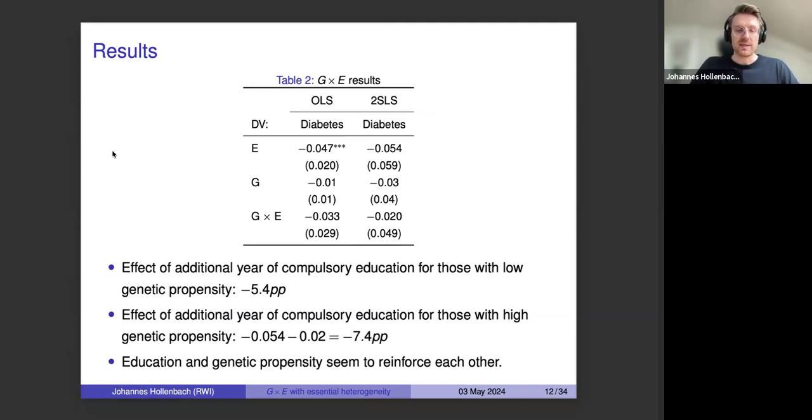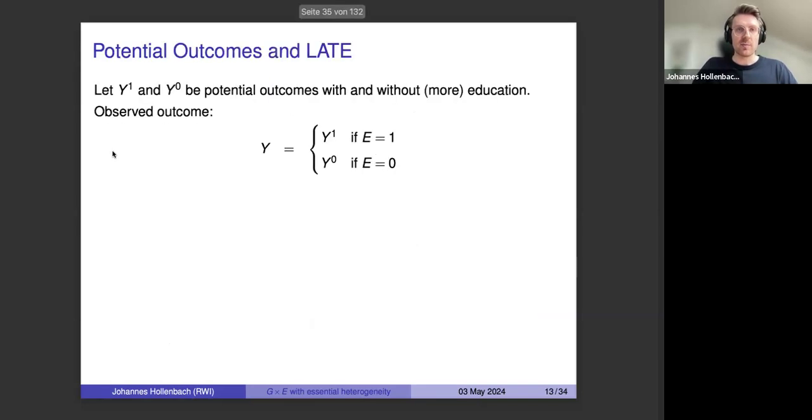We're interpreting the sign of the effect, the size of the effect, but we're not able to estimate the effects very precisely. This is not the main problem, however. And in order to show you what the problem with these results actually is, we need to take a step back and look at the potential outcome model that underlies microeconometrics, and look at how the local average treatment effect is actually computed by two-stage least squares.